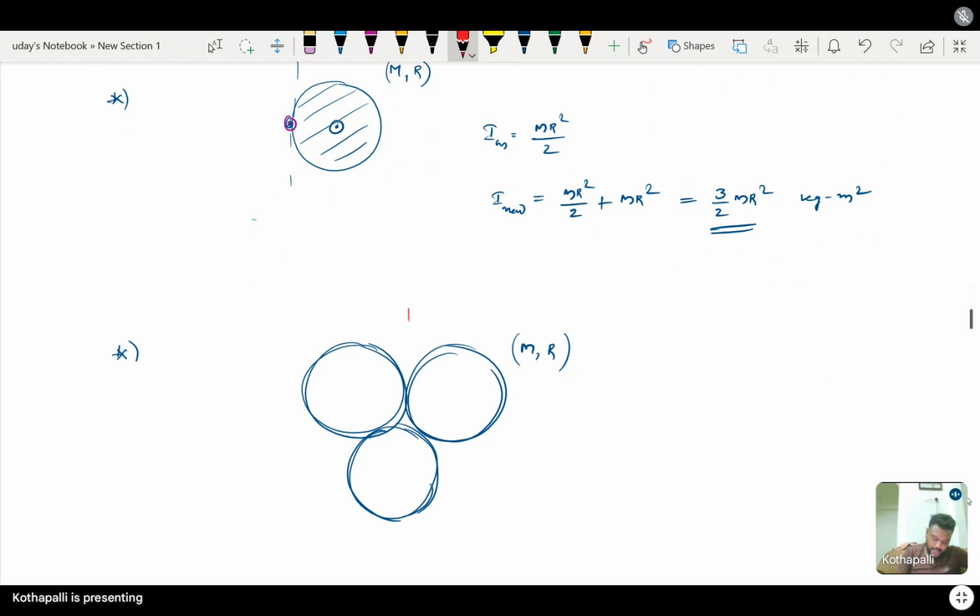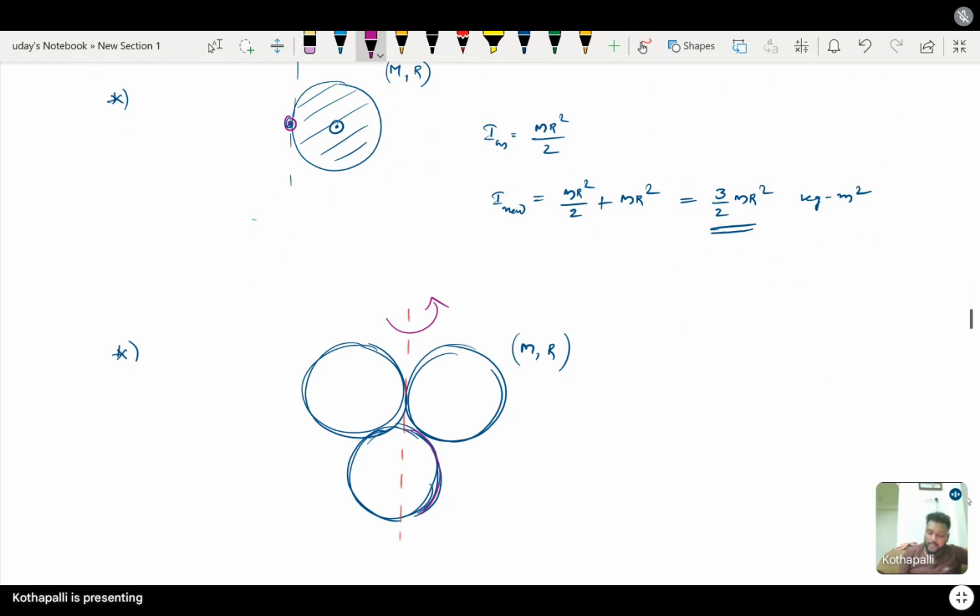And the axis is passing through the 3 ring combination like this. Ring 1, ring 2, ring 3. The axis is like this, which means it passes exactly through the center of the bottom ring.